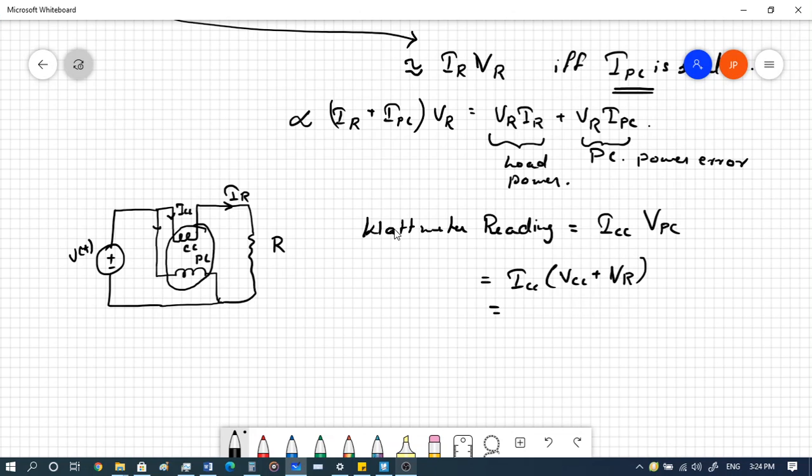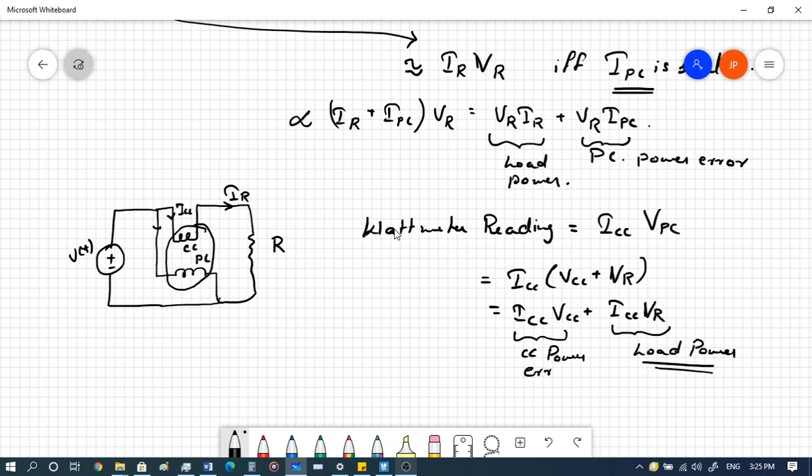So if we expand this, you get ICC into VCC plus ICC into VR. That is the wattmeter reading. Now here ICC into VR is our load power, the desired quantity, and this is the error, so the current coil power error, right?